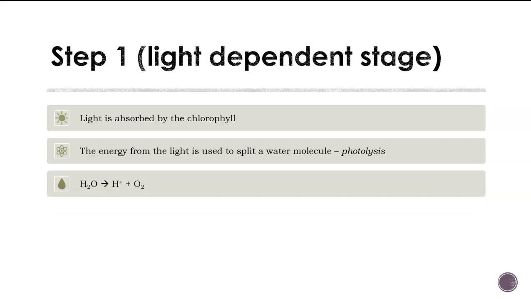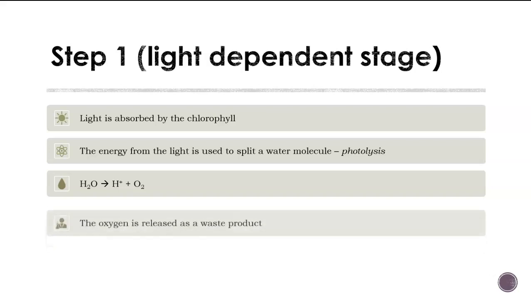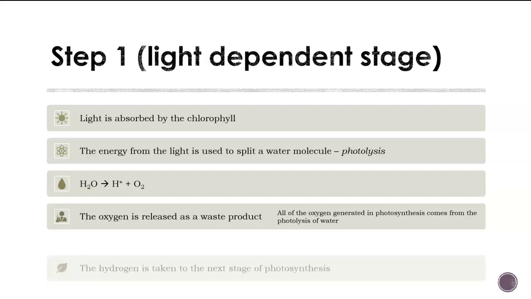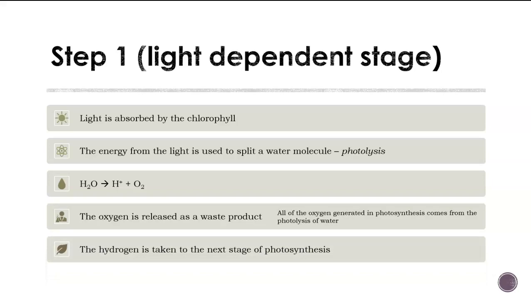So we got our hydrogen ions and an oxygen molecule, remembering that has the two oxygens. The oxygen was then released as a waste product. So all the oxygen generated by photosynthesis actually comes from that photolysis of water. The hydrogen ions now get carried on to the next stage of photosynthesis.